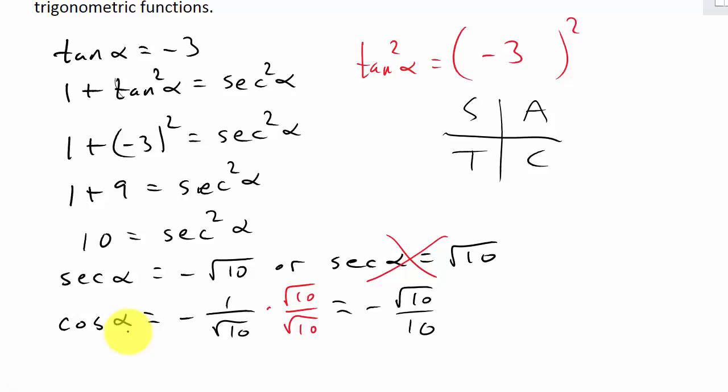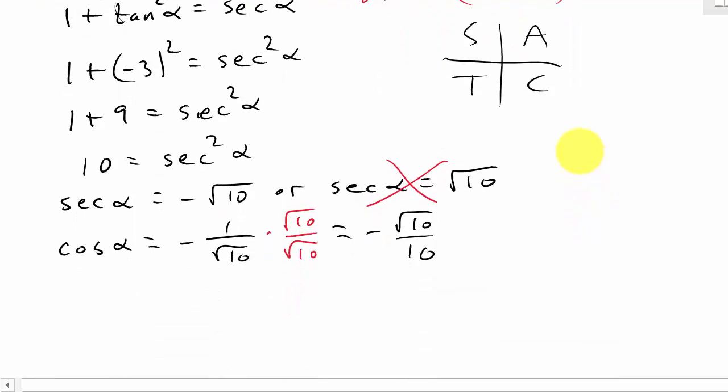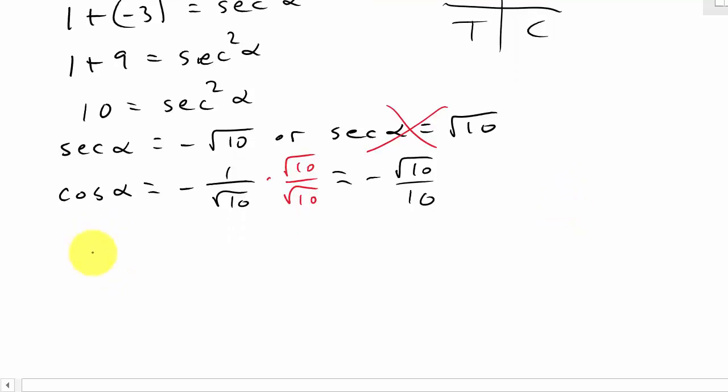There's a couple of ways we could go. We could get cosecant using the identity with cotangent alpha, or we can find sine using the fact that sine squared plus cosine squared is 1. So let's do that. Sine squared alpha plus cosine squared alpha equals 1.